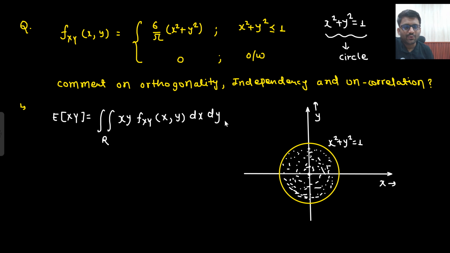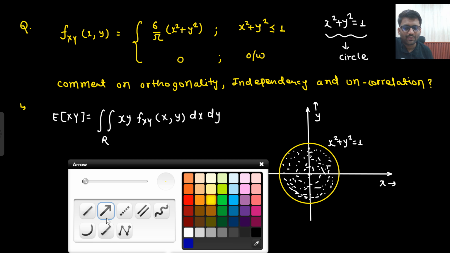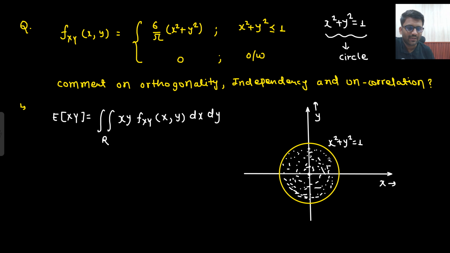So what do you need to do? You need to choose a strip here. This is the region of operation. In this manner, this question will become difficult, right? If you choose the strip, from where to where will y go? So y will go from minus under root 1 minus x square to under root 1 minus x square.